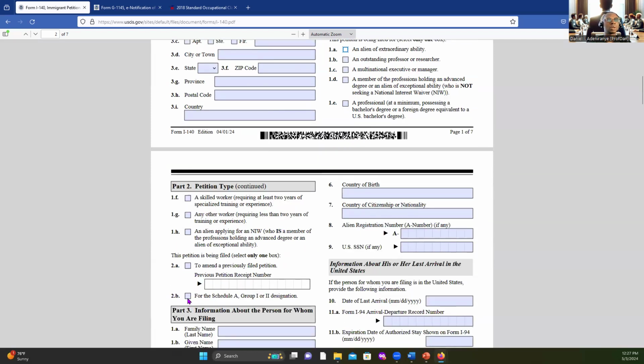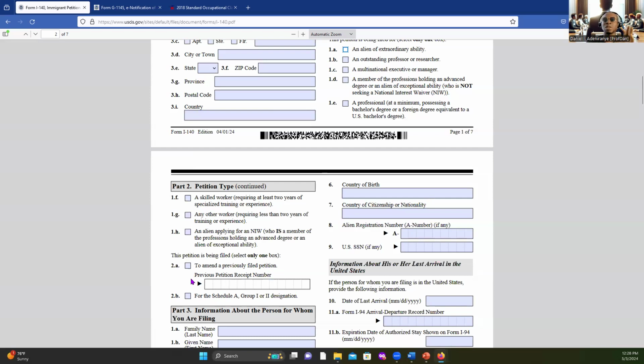In question 2A or 2B, if you are a self-petitioner and this does not apply to you, you do not need to select either of them. Don't be confused. If you are not amending a previously filed petition, there is no need to select that. And if you are not doing it for the Schedule A, Group 1 or 2 designation, and this ideally is for employers that are filing the EB2 for their employee, where they have to request the Schedule A labor certification and the likes, you do not need to touch 2A or 2B.